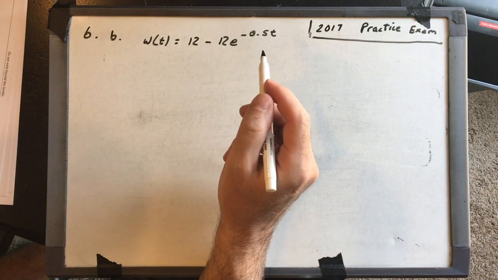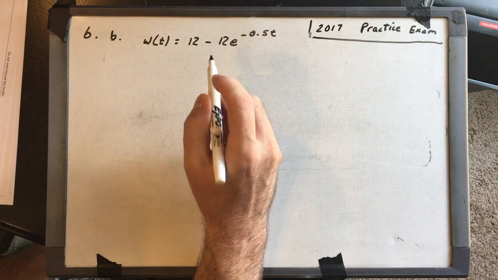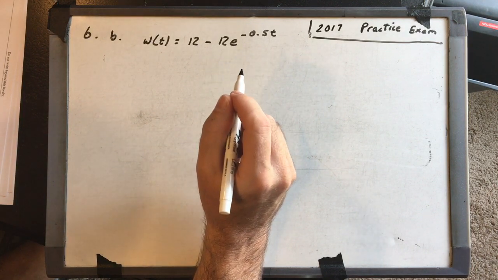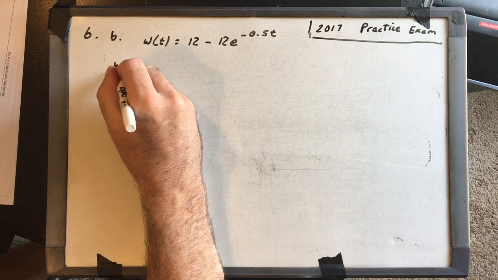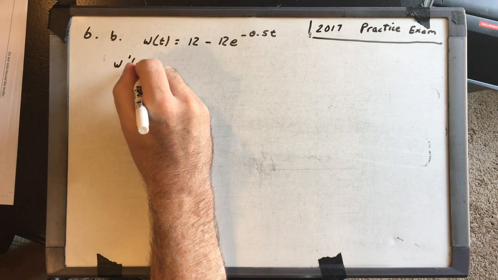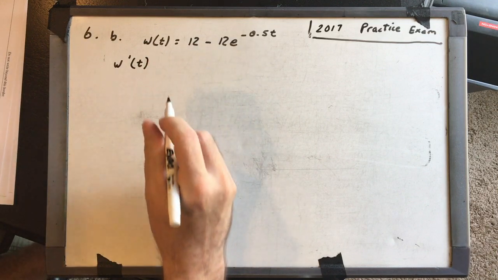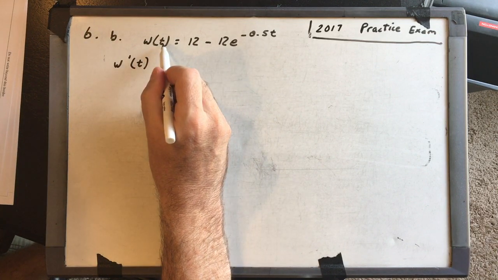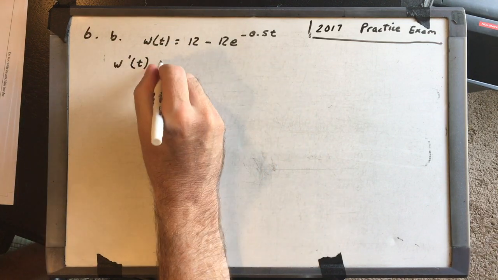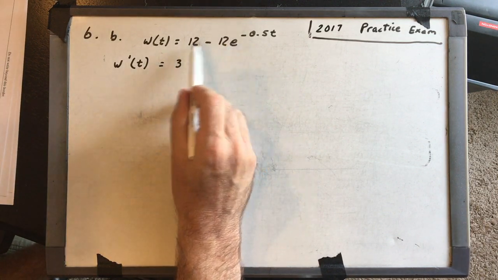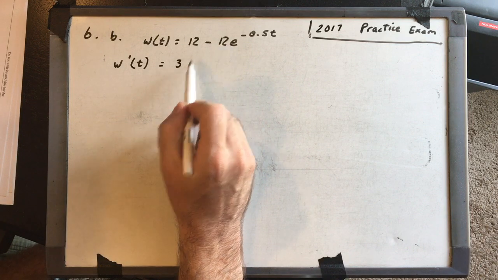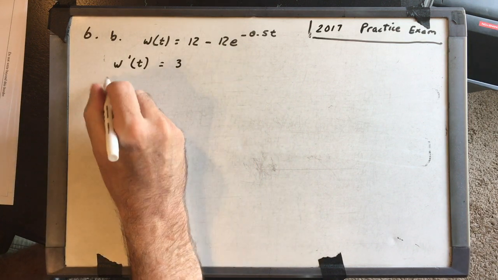Anytime you're looking for a rate, you're looking for the derivative. So we want to know where W prime of t, the derivative that gives us the rate, equals 3. Okay, no problem.